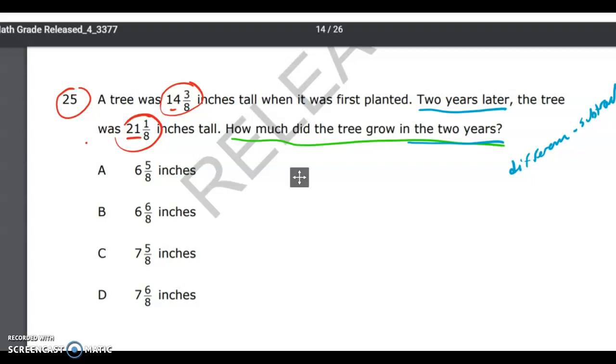So what you're looking at is 21 1/8 minus 14 3/8, and this is going to give you the growth in 2 years, which is also the difference between the two. All right, so let's take a look.